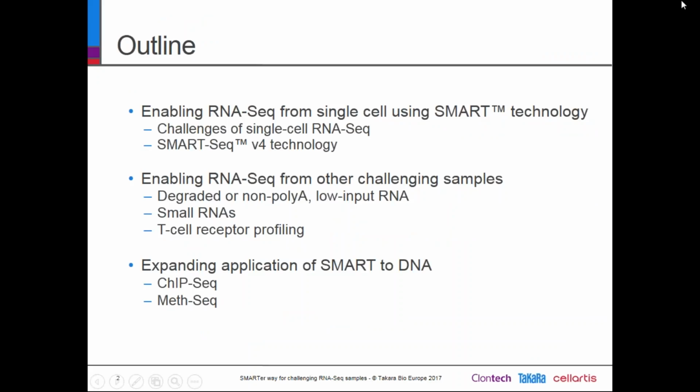Today I will start talking to you about how we have enabled doing single-cell RNA-Seq using the SMART technology. First, I'll discuss what the current challenges of single-cell RNA-Seq are and how our SMART-Seq v4 technology has allowed us to cope with these challenges.